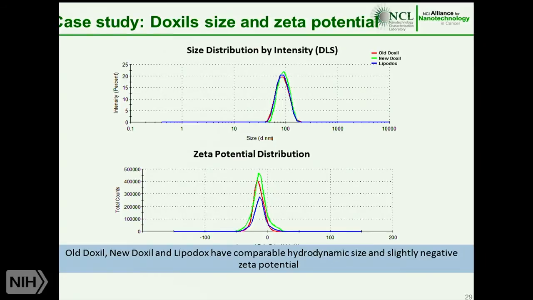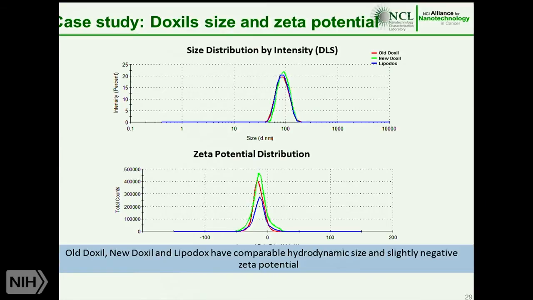Then our chemistry group did analysis of the hydrodynamic size of pegylated liposome and also zeta potential. They did not detect any difference between what we called old Doxil. This is a pegylated liposomal doxorubicin available in the United States before 2012. Then the company manufacturing these particles experienced some problems in their facilities, which resulted in worldwide shortage of Doxil. These problems were addressed at some point.